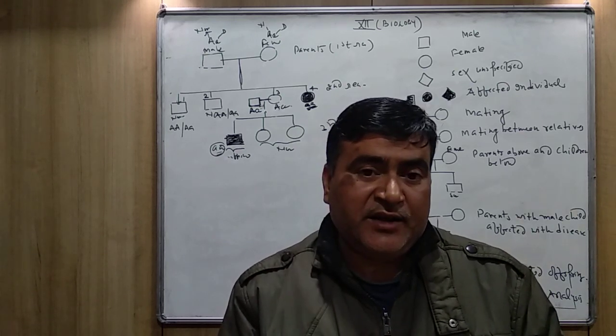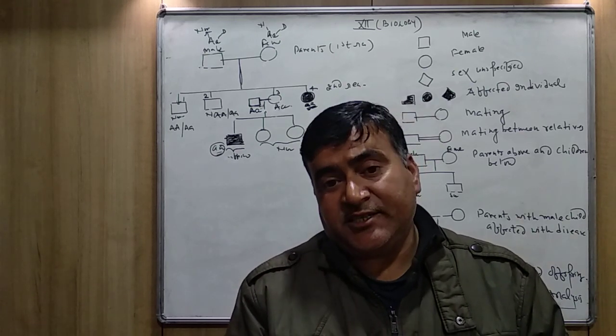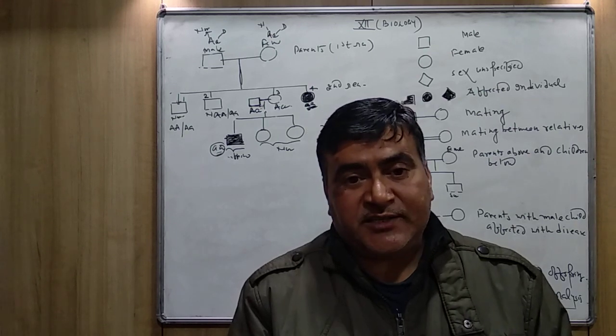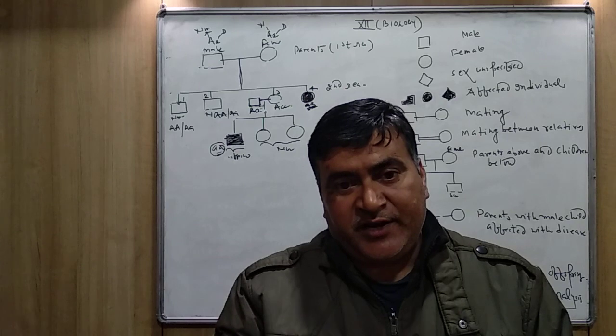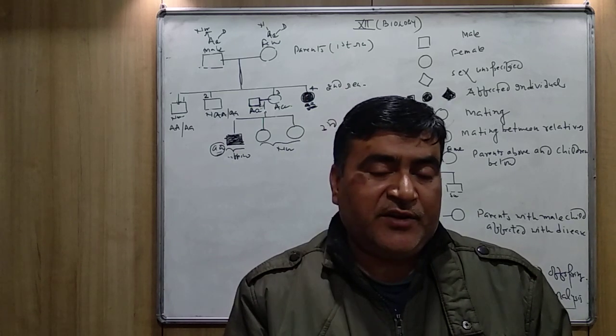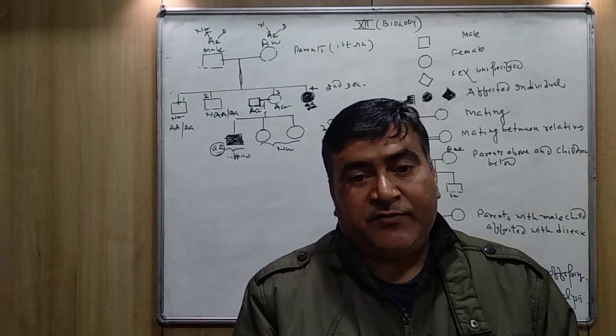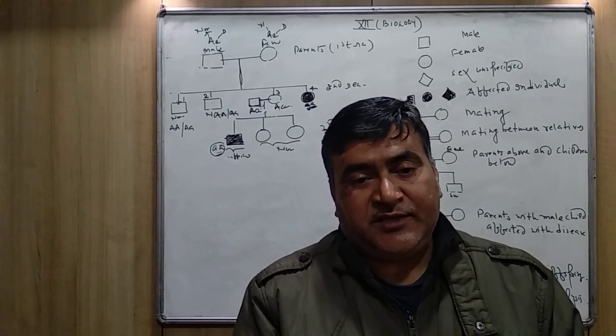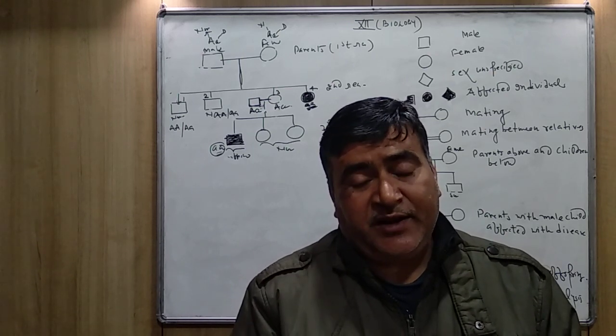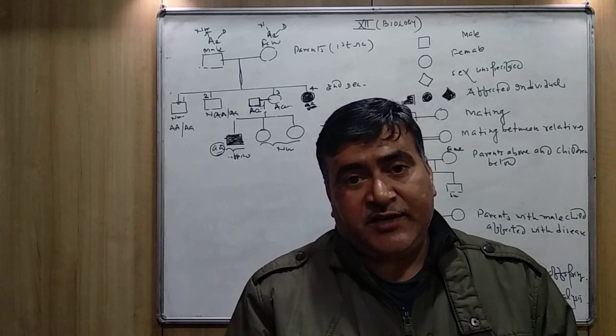There is a technique, that is amniocentesis. In amniocentesis, as you have already studied in class 10th, the amniotic fluid is taken from the fetus when the fetus is in the mother's uterus, and that amniotic fluid is studied.